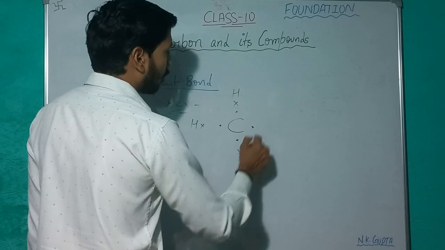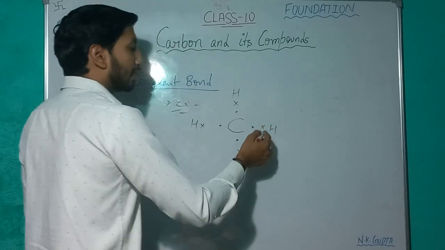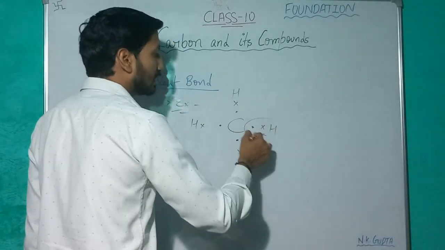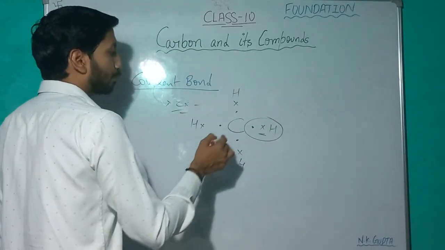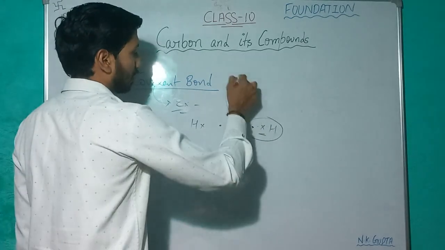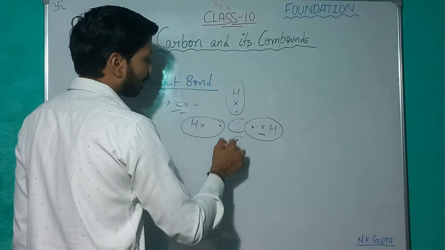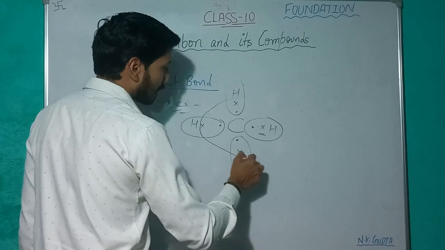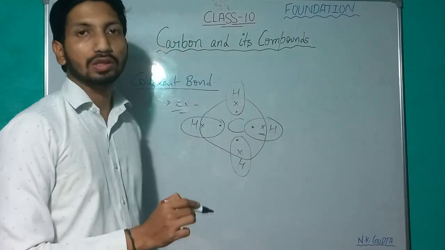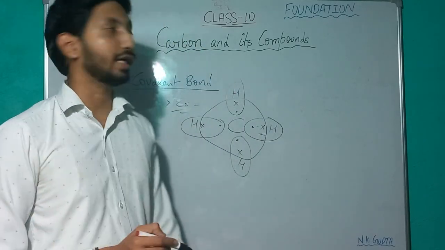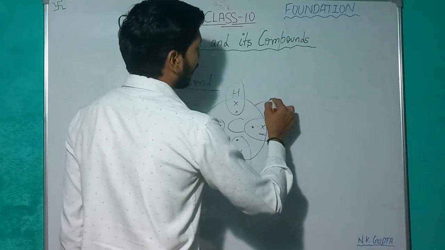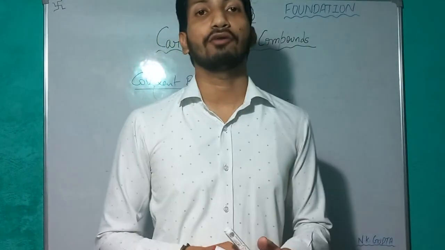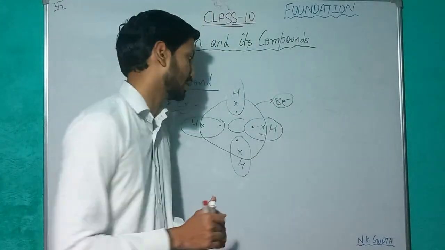If we put 4 hydrogens, each hydrogen contains 1 electron, and they share their electrons. Is it okay? As we observe, carbon now has 8 electrons in its outermost shell. It has completed its 8 electrons. That's why carbon forms covalent bonds. Is it okay?